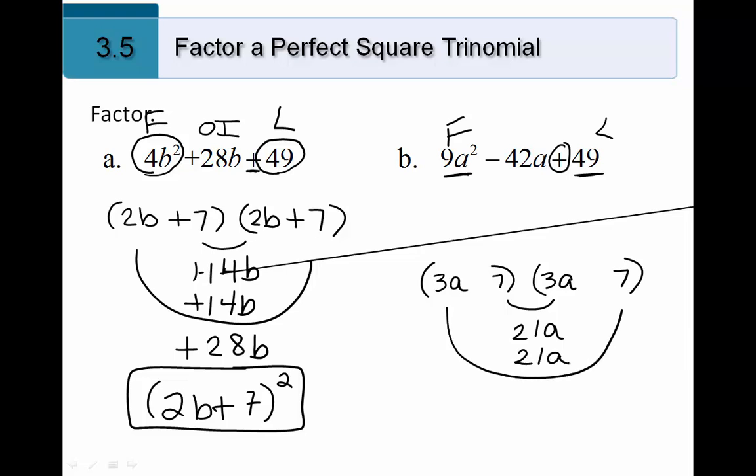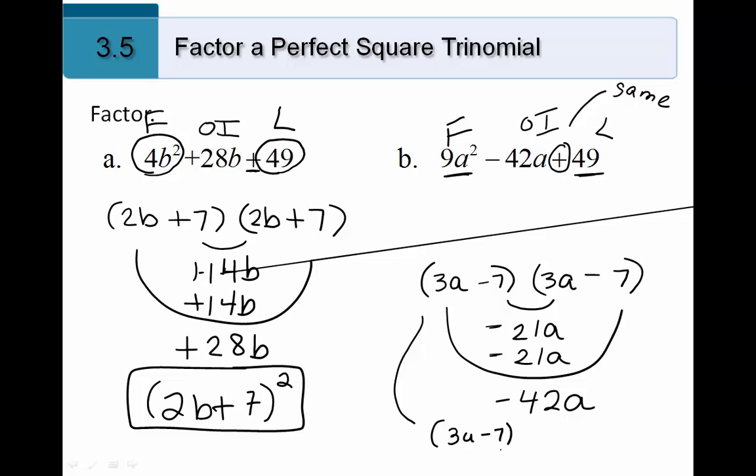But now my outer and inner this time need to add up to negative 42a. So remember, from an earlier section when we were factoring trinomials, your signs have to be the same. In this case, they both have to be negative. So instead of writing your answer as 3a minus 7 multiplied by 3a minus 7, we'll enter it as 3a minus 7 raised to the second.